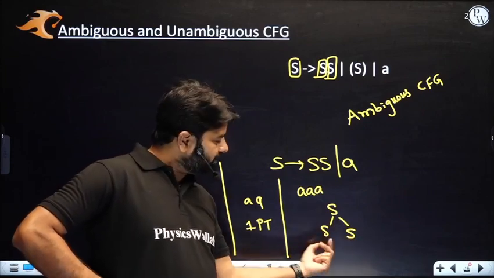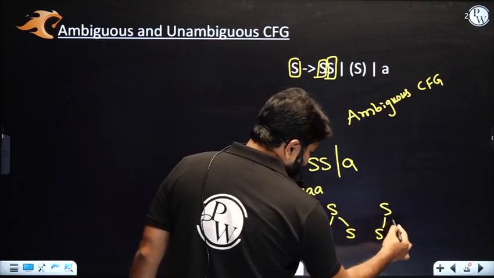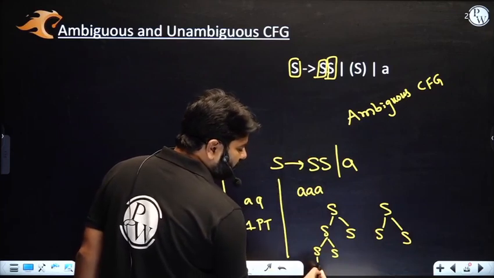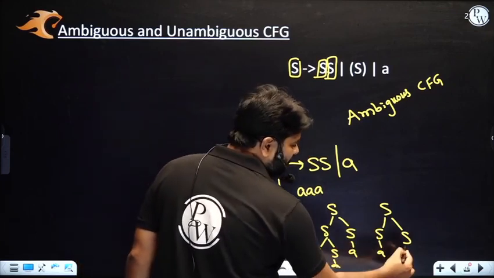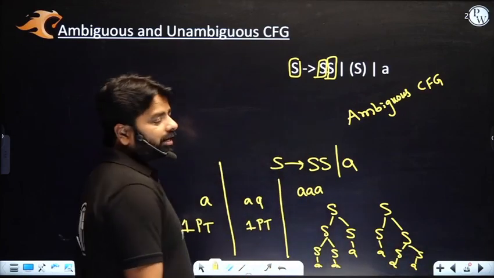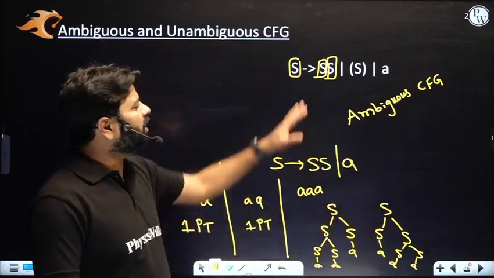Or if I get 2 A's here, you should get 1 A. So you decide how you want. There are two ways to do that. How to get 2 A's this side? Put 2 A's, then A, A, A. And here if I put 1 A, you have to put 2 A's here. Then you have 1 A, 1 A. So now you see there are two parse trees for this. Then stop here. Don't verify for any other string because you got ambiguity.